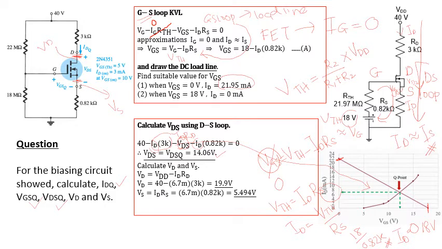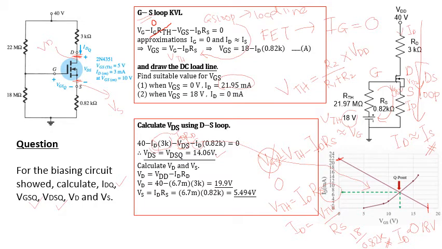But sometimes the question will try to give you a surprise, in which they will not give you the value of this resistor. You have to find the value of each resistor.